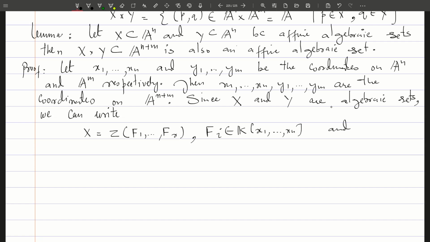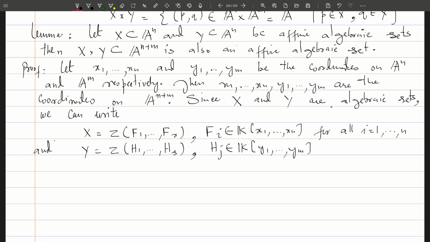Similarly, we can write Y as the zero set of some polynomials, say h1 up to hs, where these hj's are elements of a polynomial ring over the same field, but in variables y1 up to ym.